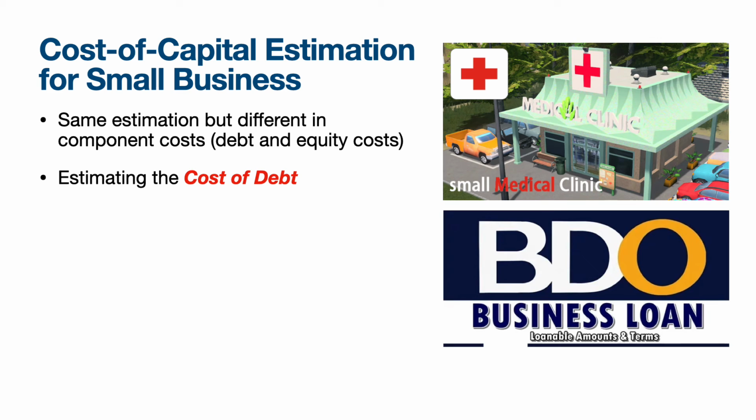That is, the interest rate currently being set on the debt issues of similar risk firms can be used as an estimate of the cost of debt. Therefore, an awareness of the current interest rate environment generally permits managers to make a reasonable estimate for their own business's cost of debt, even when the business is small.